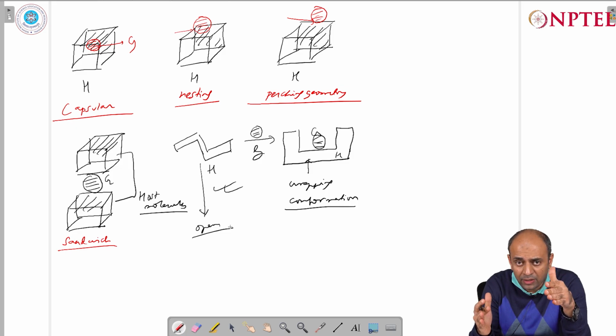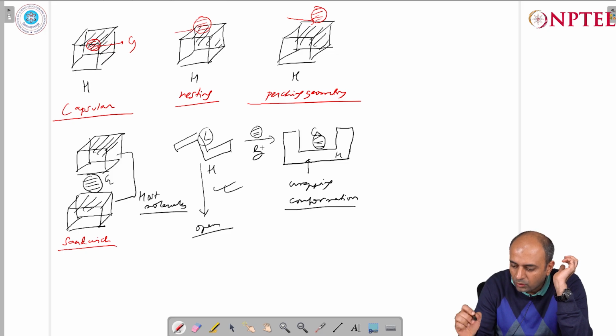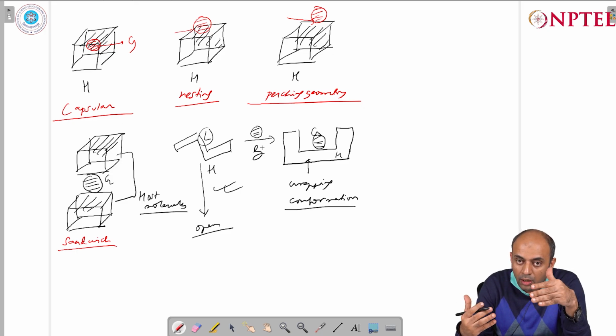In case of metal ligand complexes, assuming that the host is my ligand and the guest is my metal, these form coordinate covalent bonds. So formation of coordinate covalent bonds is also a kind of non-covalent association to start with, but eventually these go into coordinate covalent bonds in terms of the strength.